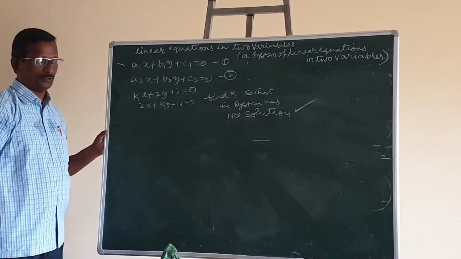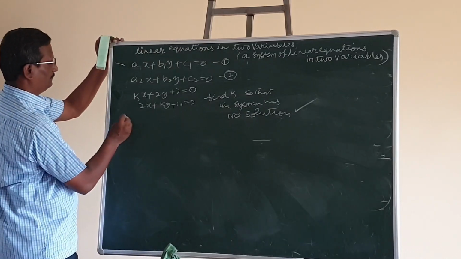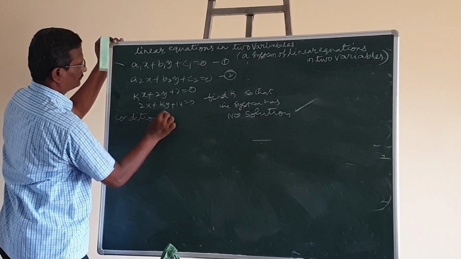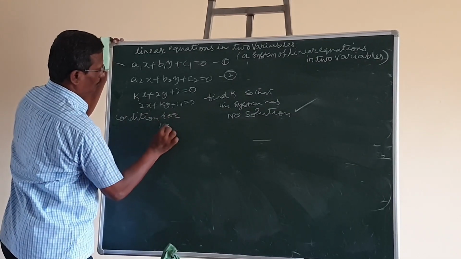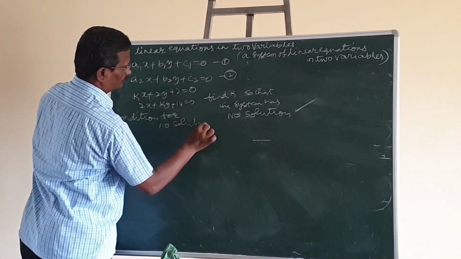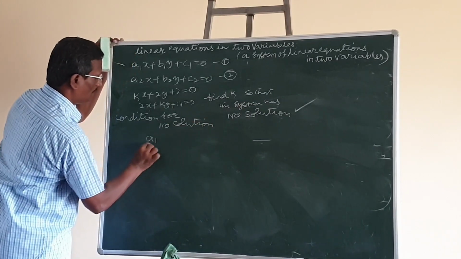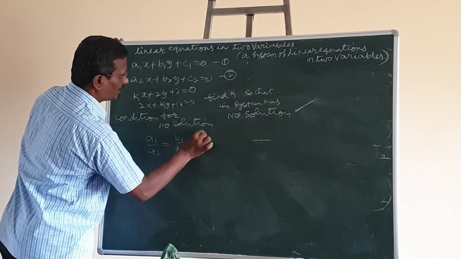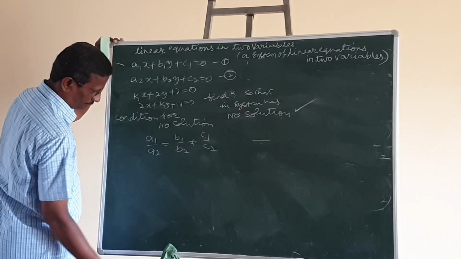Let us see whether it is possible or not. For no solution, the condition is A1 by A2 is equal to B1 by B2 is not equal to C1 by C2.